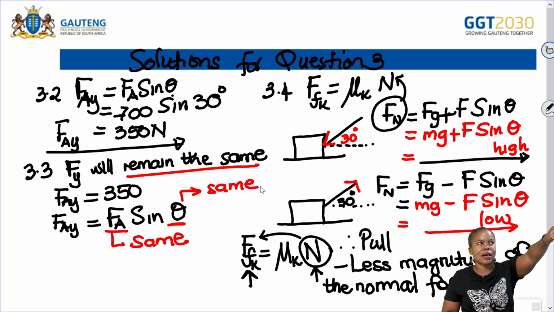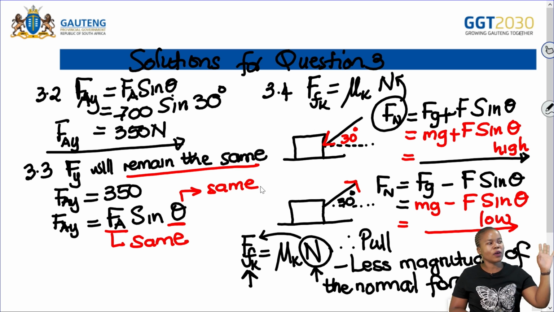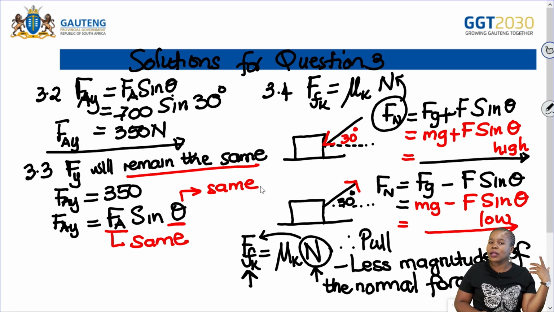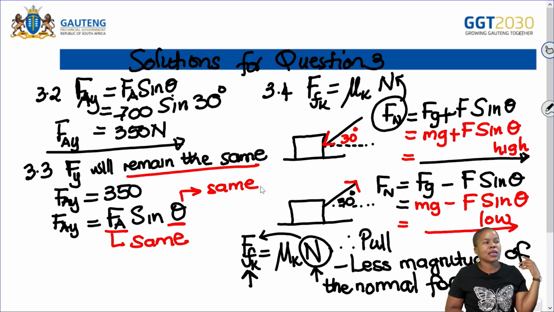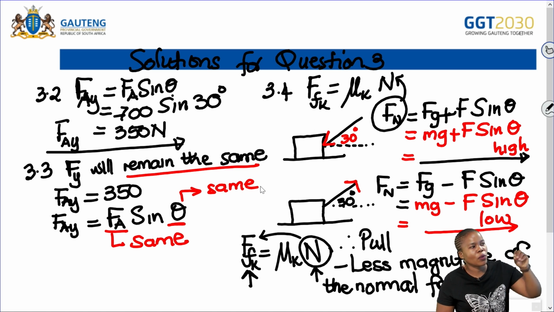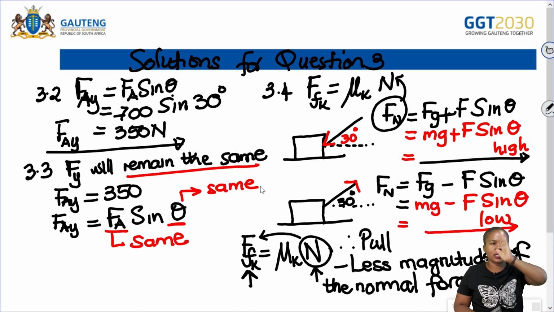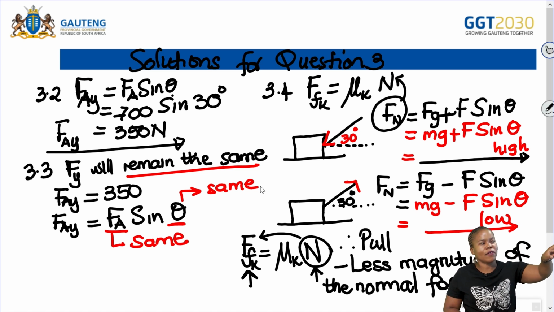When we increase the normal force, it directly affects the frictional force. However, when Charles is on the other side pulling, we need to subtract the vertical component, making our F_N what?